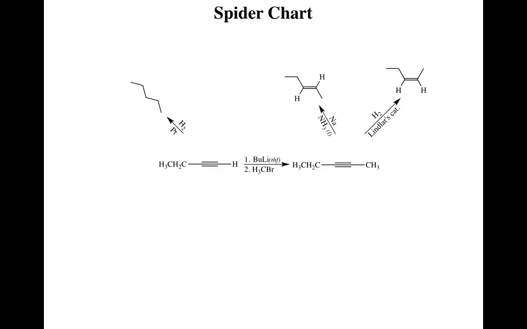So the Lindlar poison is important. This only works on internal alkynes. If I do it on a terminal one, I deprotonate. So make a little note: this reaction only works on internal. So internal only. It cannot work on this over here.